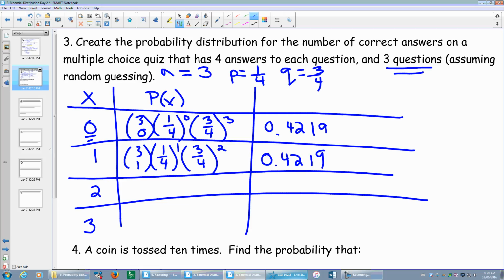Ben, can you please set up the next one? 3 choose 2. Good.